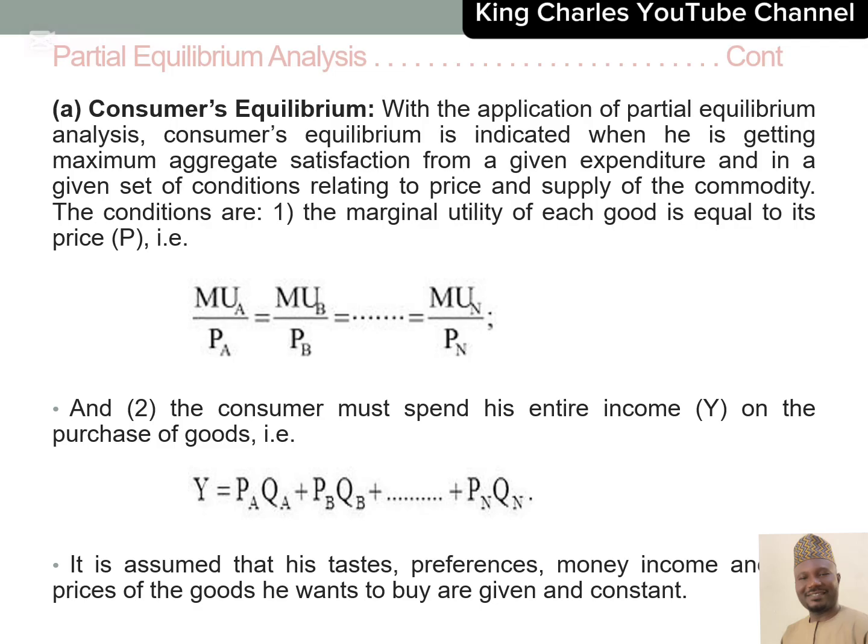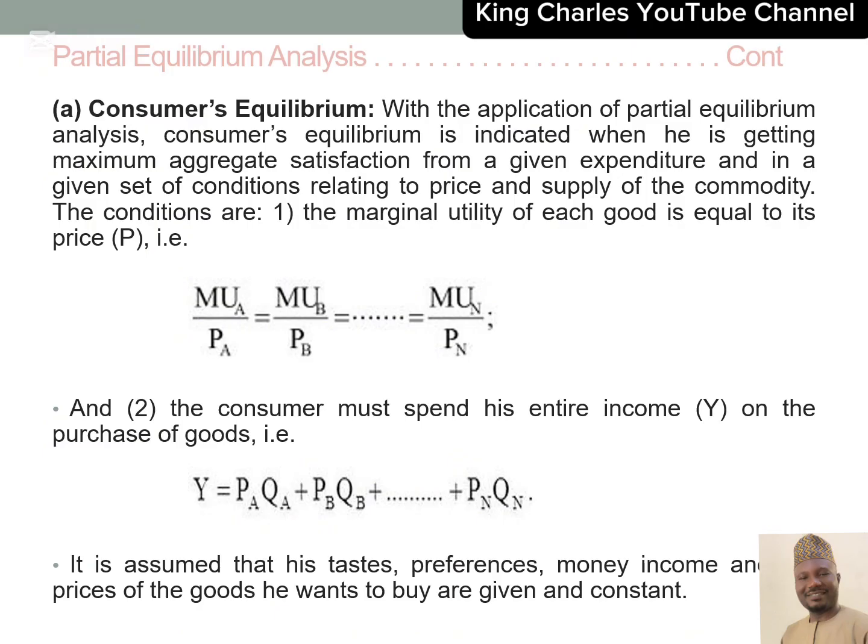And this is mathematically represented as Y, which is the income, equal to price of commodity A multiplied by quantity A, plus price of commodity B multiplied by quantity B, plus price of commodity C multiplied by quantity C, and so on and so forth to commodity N: price of commodity N multiplied by quantity of commodity N.